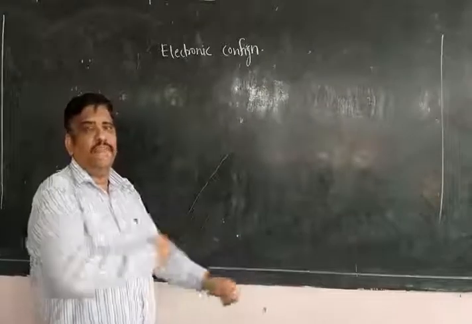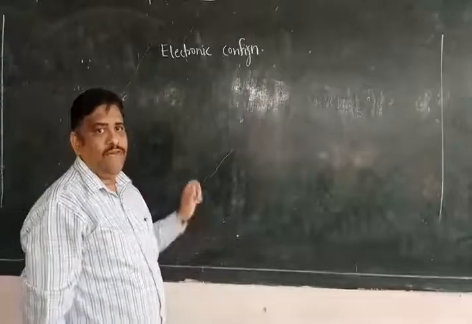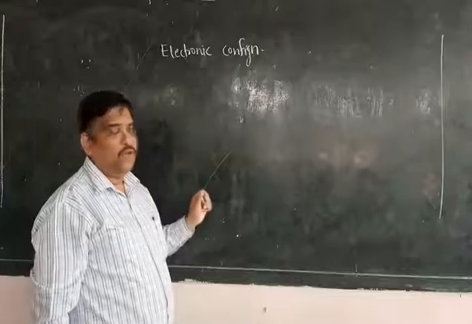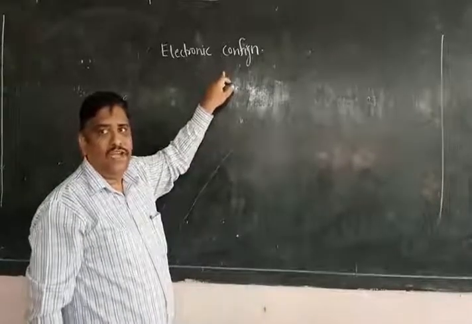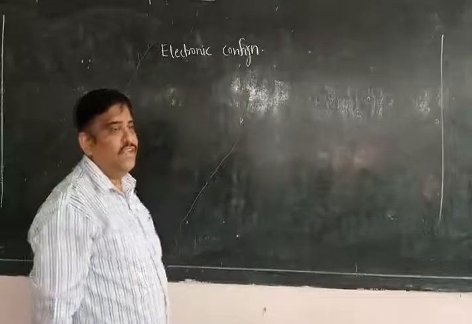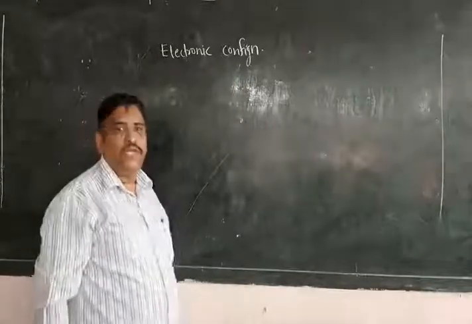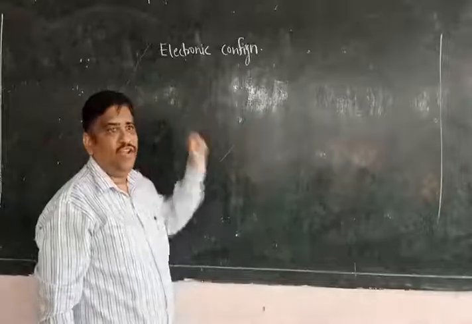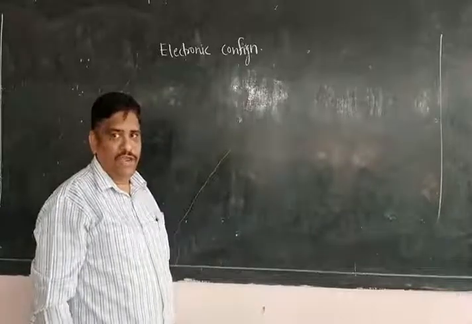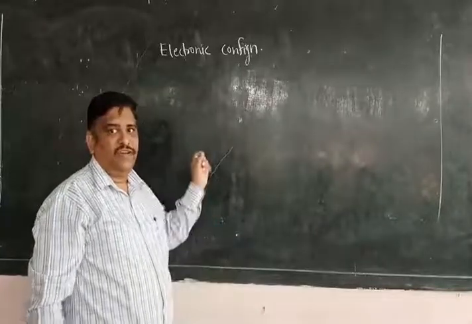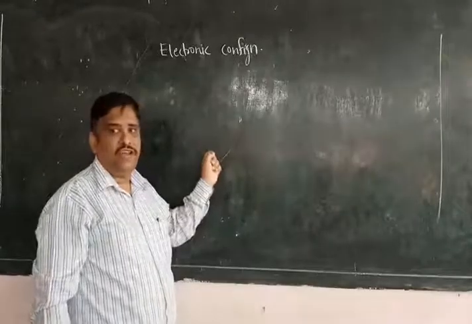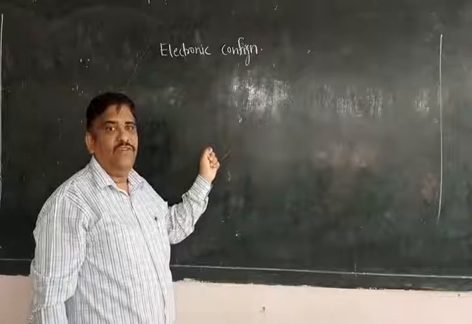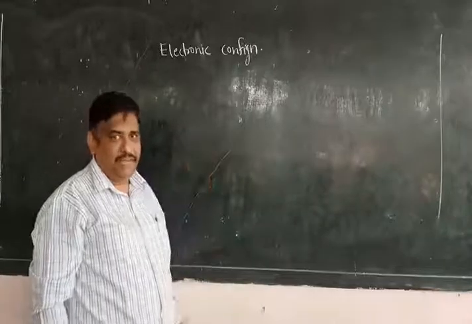Dear student, in the last lecture we have discussed the first property of the D block elements, that is electronic configuration. We have discussed the general electronic configuration of D block elements, of the 3D series, and for the 4D, 5D and 6D series elements.